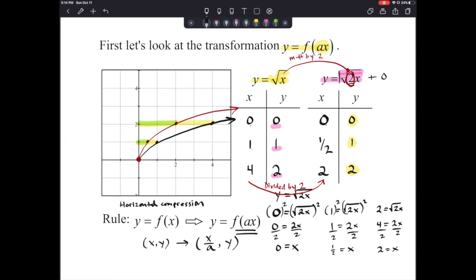So just to recap, when multiplying x by a in the equation, then divide x by a in the table.